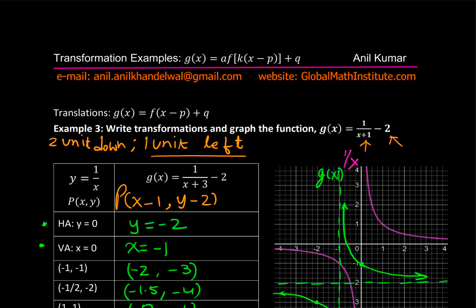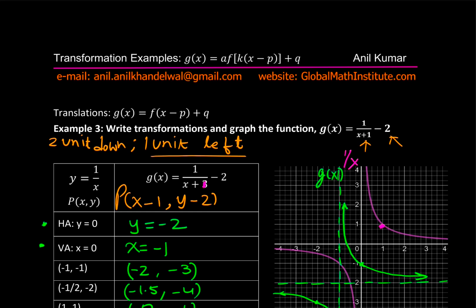You could also sketch using these critical points. We are saying that each point will move. I copied this wrong. It is x plus 1, right? It is x plus 1. So each point here moves 1 unit left and 2 down. So if I consider this point, I am going 1 unit left, correct?